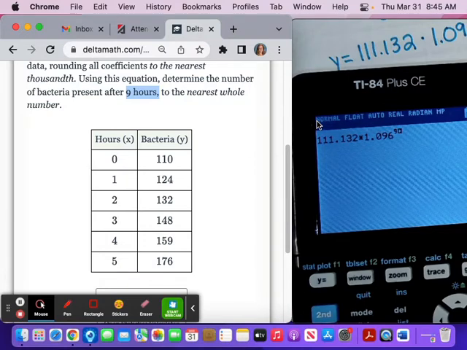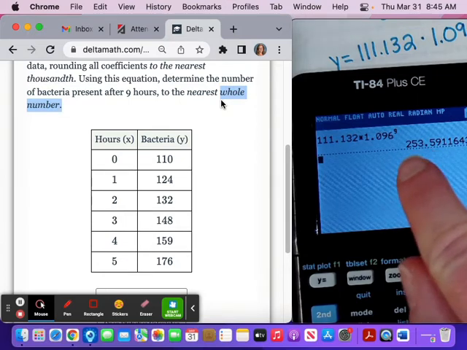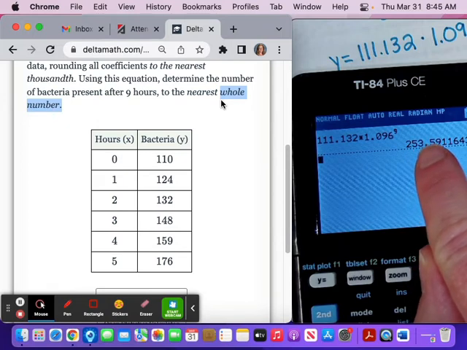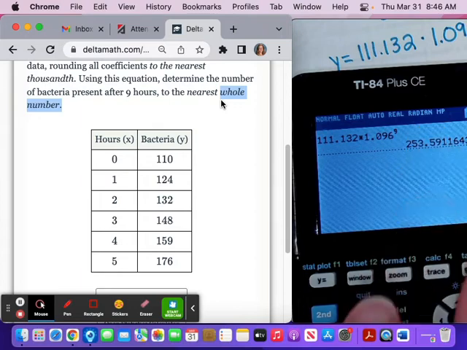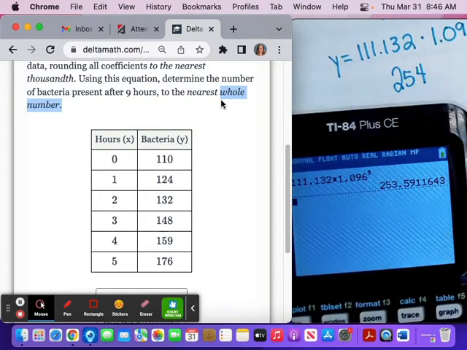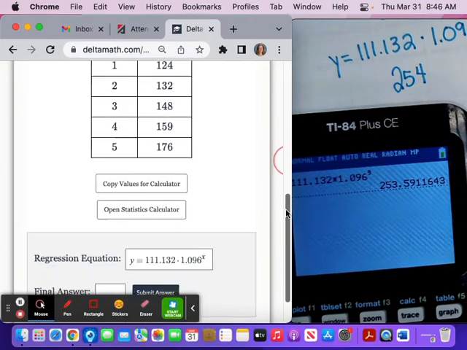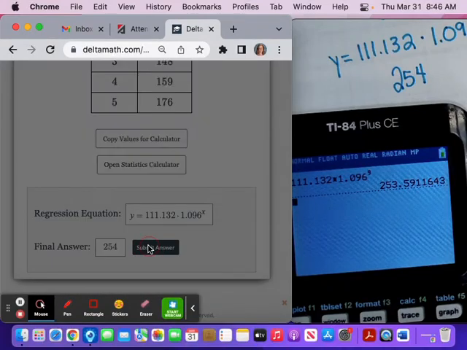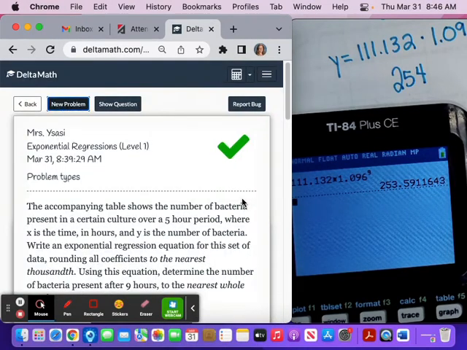And this one says round to the nearest whole number. So that's ones place. So we look at the first numbers before the decimal, and then we look behind it. What is that 5 going to do to the 3? Bump it up. So it's going to be 254. So I'm going to put that in. And let's cross our fingers. Submit. Yes. Yay, we did it right.